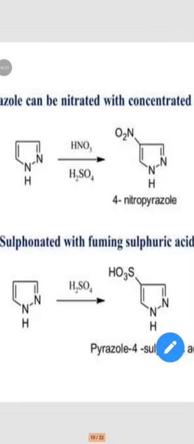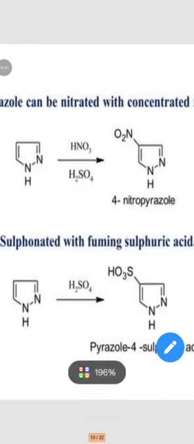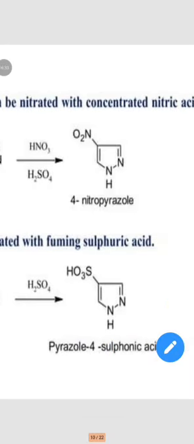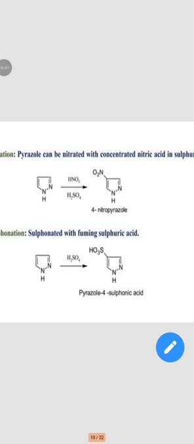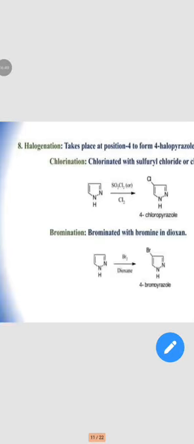The substitution reaction mainly occurs at the 4th position, so a nitro group is obtained in the 4th position. Then the next reaction is sulfonation, with fuming sulfuric acid. Pyrazole is reacted with sulfuric acid to form pyrazole-4-sulfonic acid.